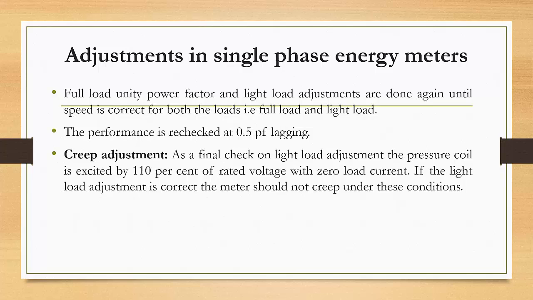So increase the supply voltage to 110% at zero load current and find if the meter is running properly or not. If the meter is not showing any creep conditions at light load adjustment, even after exciting to 110%, then we have adjusted the creep. So these are various adjustments that we should do before reading the energy meter.